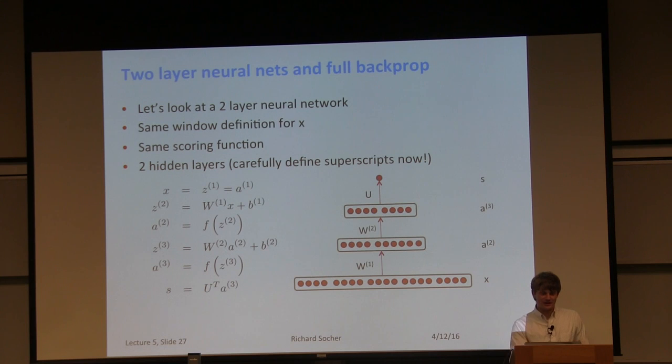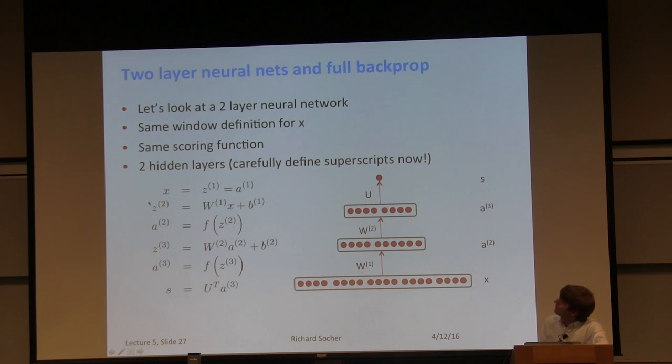All right, now let's get to the two-layer neural network. So very important to keep track of all your indices very carefully here. So let's define x as the first input layer, and just for notational convenience later, we'll define this as A1, the first activations of the first layer.